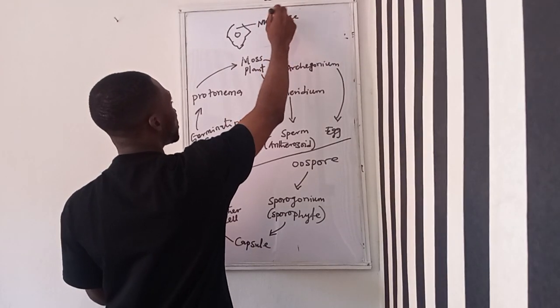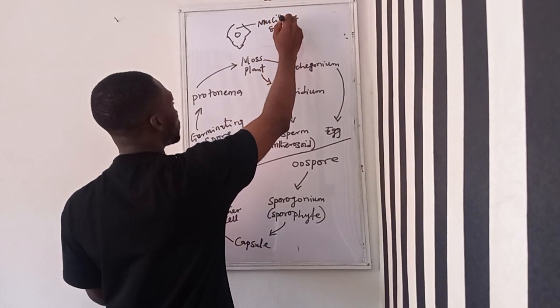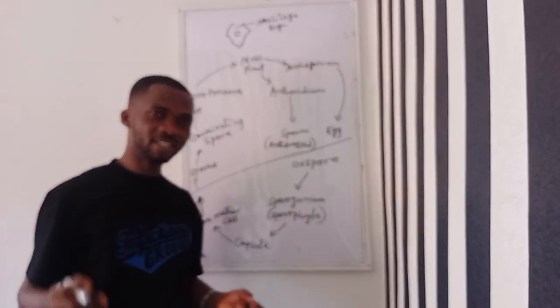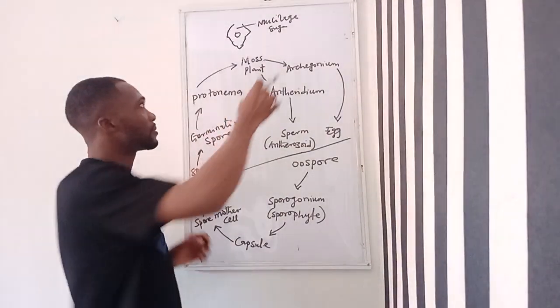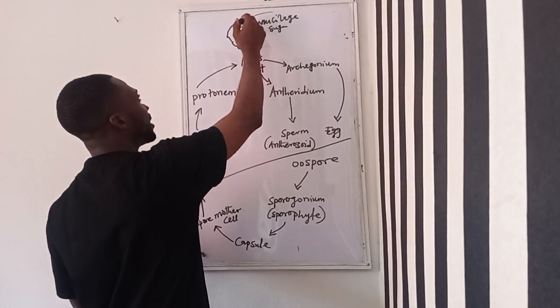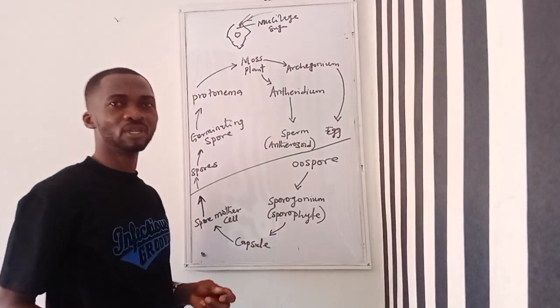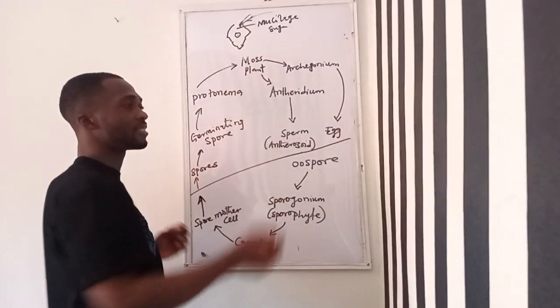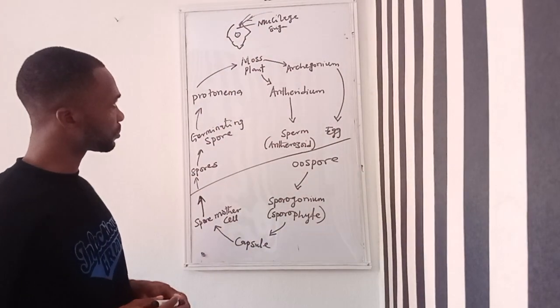The mucilage contains sugar molecules. This mucilage is a kind of chemical that helps in attracting the sperm, and the sperm moves through the neck of the archegonium and fertilizes the egg within the ventral region.